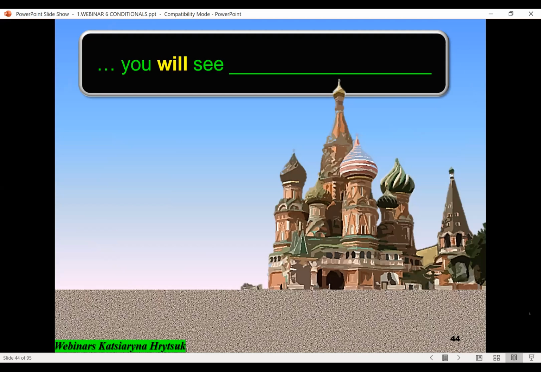It's not Red Square. It's your home city. You will see, I don't know. St. Basil's Cathedral. I decided not to put Red Square and the Kremlin. I decided to take something else.